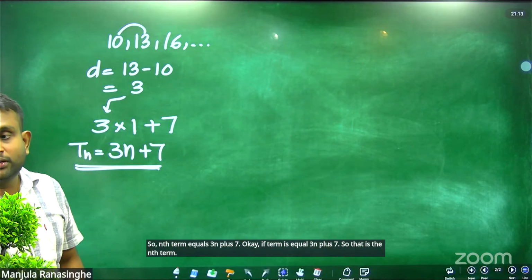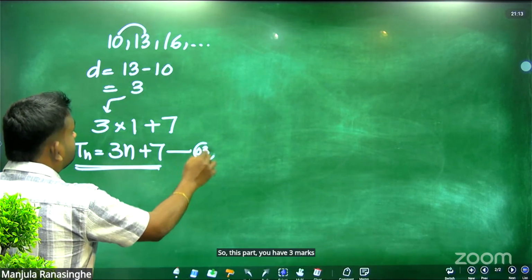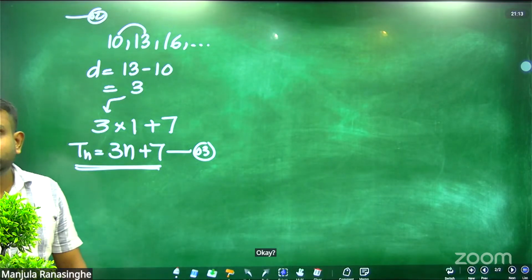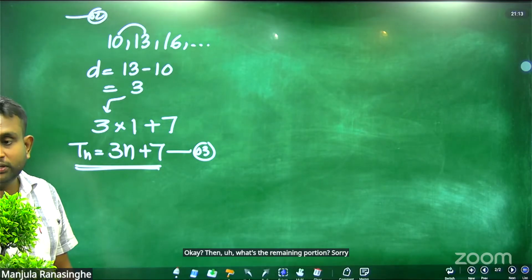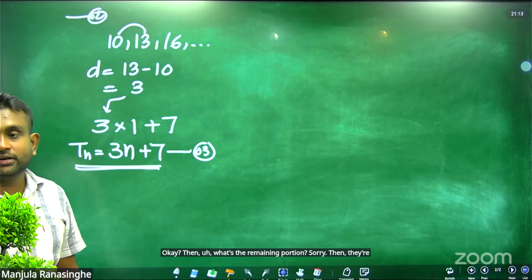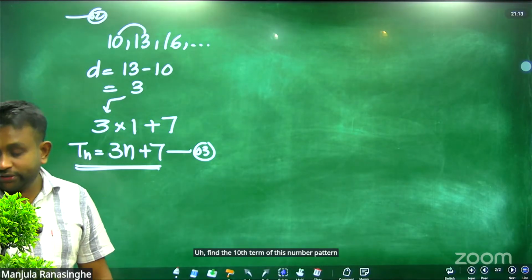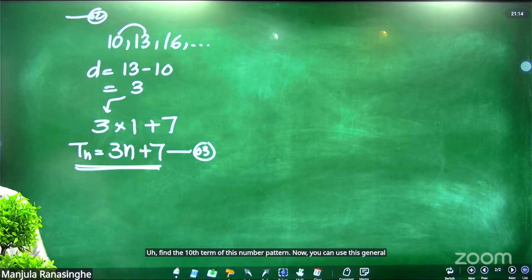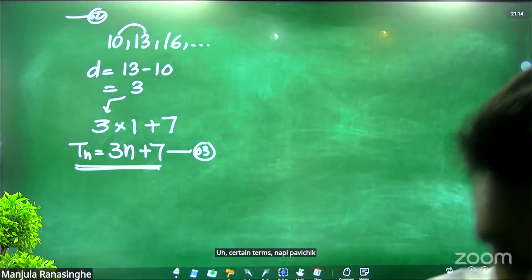So this part has 3 marks, and the previous part 2 marks. Then they're asking: find the 10th term of this number pattern. Now you can use this general term to find certain terms.